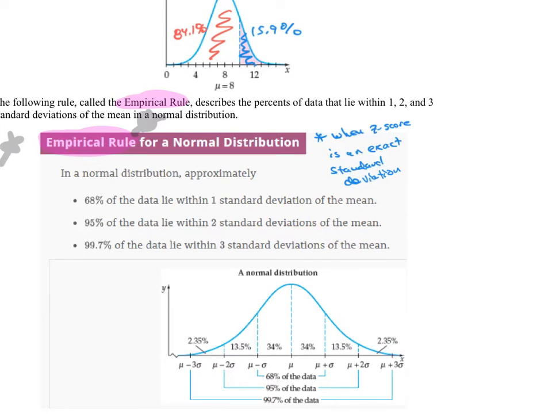But anytime you have a z-score that is not an exact deviation, for instance, if my z-score is a 1.2, where I'm not exactly 1 standard deviation above the mean, this empirical rule means nothing. So the empirical rule only works for scores that are exact standard deviations away, plus or minus 1, plus or minus 2, plus or minus 3.